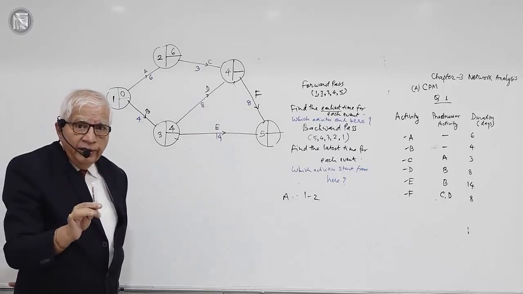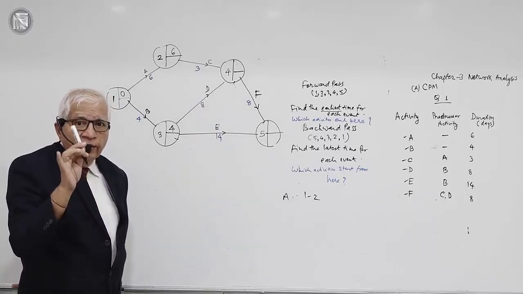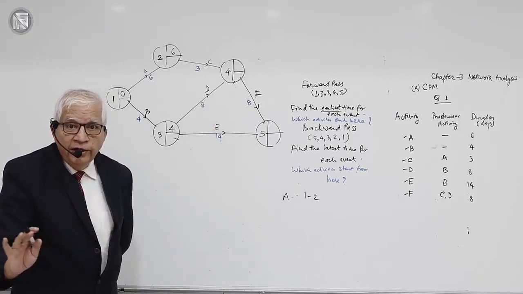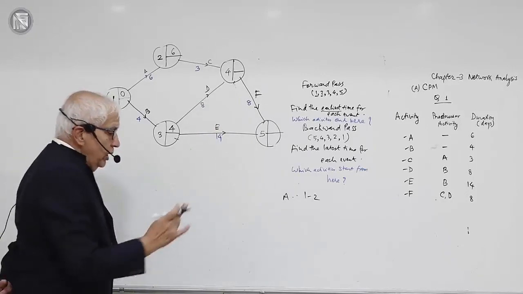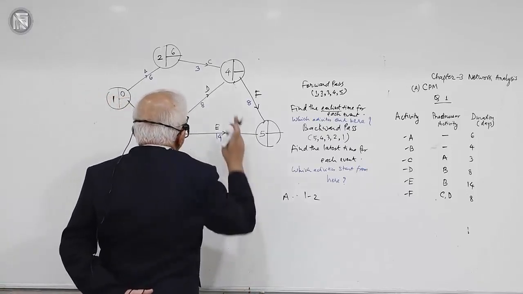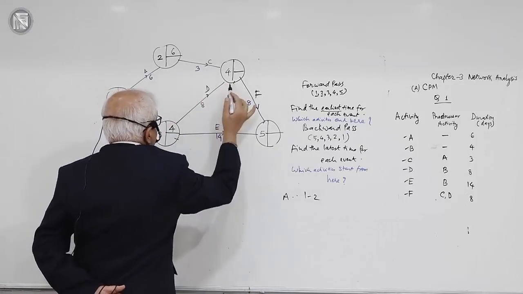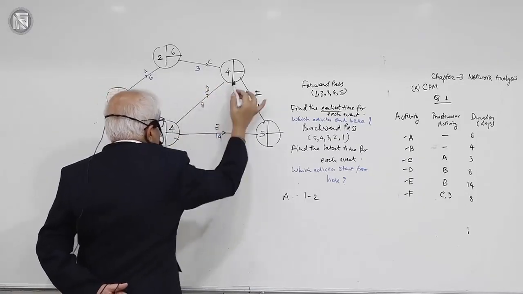And unless and until both activities are completed in all respects, event number 4 cannot be said to happen. So since event number 4 depends on the completion of 2 activities, namely C and D, or 2-4 and 3-4.